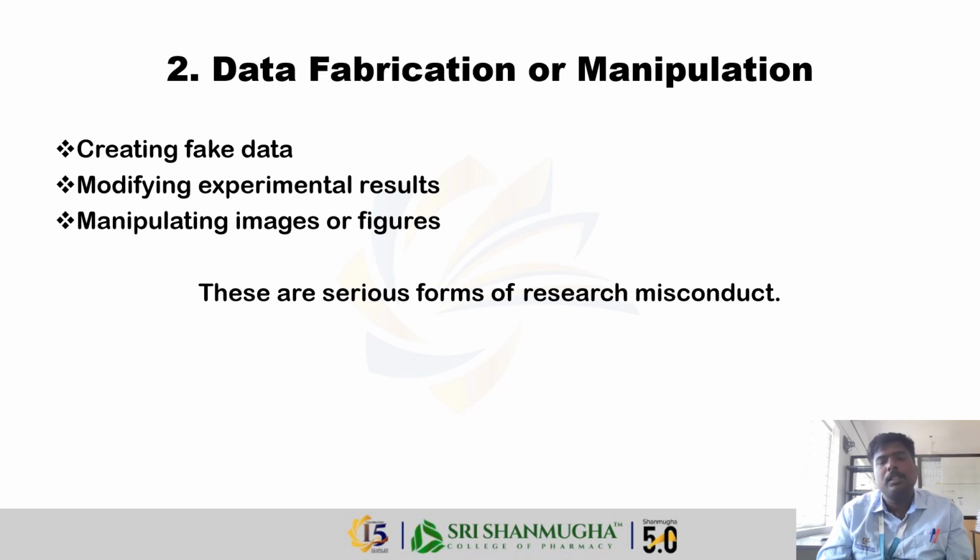You are doing the research work, the results are not original, not positive, and you manipulate the work as positive. It is called data fabrication and manipulation. Creating fake data and modifying experimental results, and also manipulating images or figures. This is a serious concern to retract your papers. These are serious forms of research misconduct.